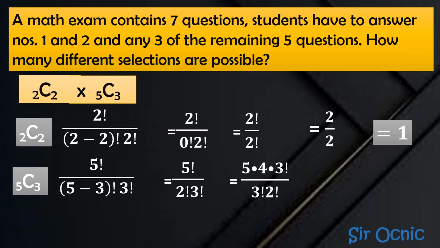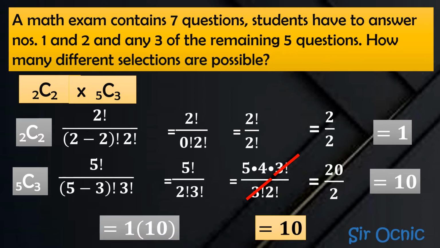Simplifying the numerator, we will have 5 times 4 times 3 factorial all over 3 factorial times 2 factorial. We may cancel the common factor, which is 3 factorial. 5 times 4 is equal to 20 all over 2. That is equal to 10. 1 times 10 is equal to 10. Therefore, we have 10 different selections possible.